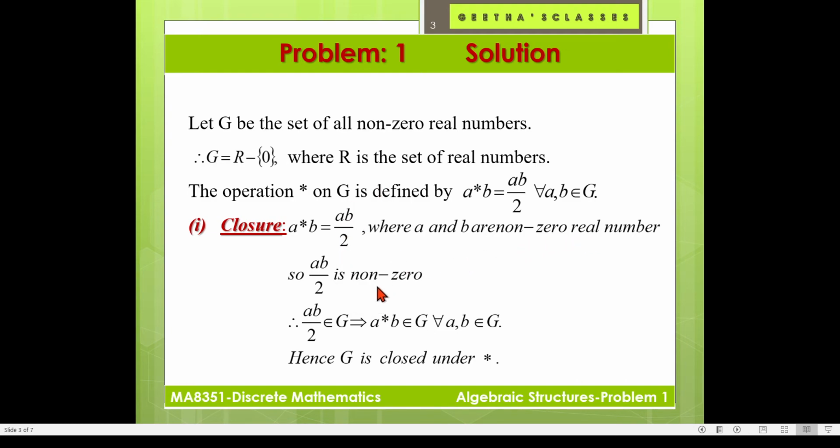So ab by 2 is a non-zero real number, so ab by 2 belongs to G. That implies a star b also belongs to G, because a star b equals ab by 2, for all a, b belonging to G. The closure property is nothing but proving a star b belongs to the group. Therefore G is closed under the operation star. So the first property is satisfied.